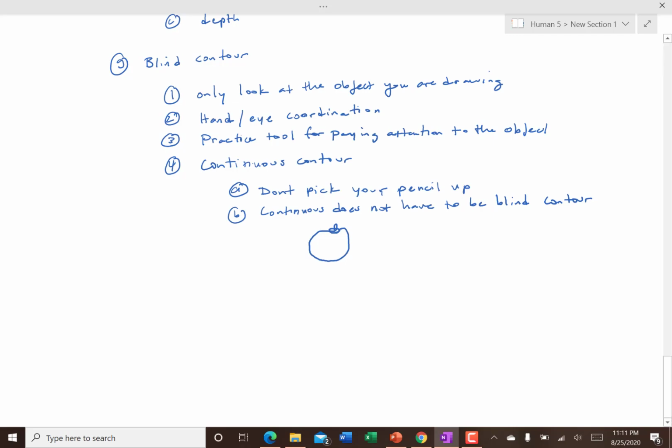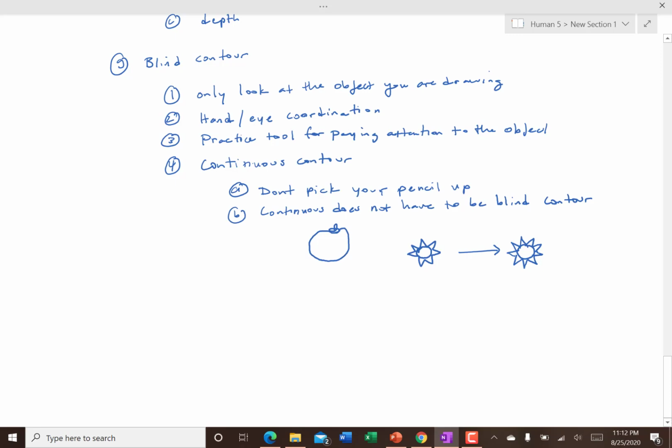So here we'll do a drawing of a sun. It's still simplistic, but you kind of backtrack over parts, versus if you were doing it not continuous, you do the circle first, then I pick my pencil up, and then I might do the rays here.